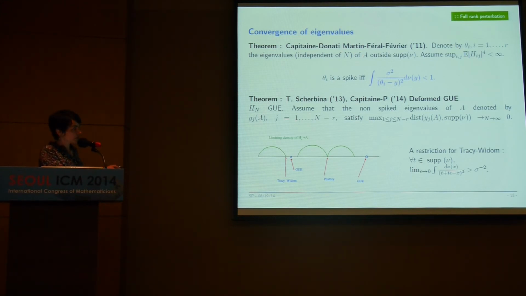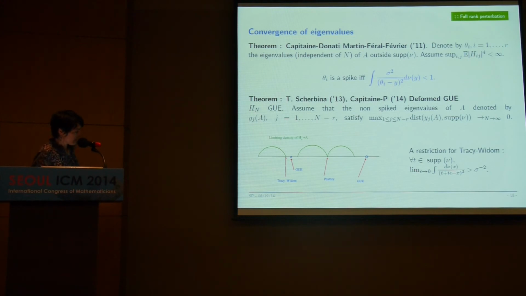They are also able to compute then the location of the associated outlier, but I have not written it because it's quite a technical formula. Okay. So the next question is, are we then able to compute the limiting distribution of such outliers, or if there are no outliers, of the largest eigenvalues or eigenvalues at the edges of the spectrum?